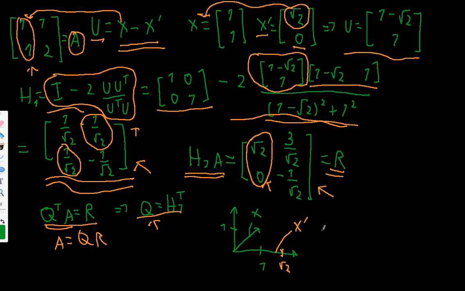And now visually what we did basically is we took the first column vector of our matrix A, okay, so this x, so the vector 1, 1, okay, which is here. I hope you can see it. And we reflected it in such a way that the new vector x prime only has one non-zero component, and this non-zero component is the norm of the old vector.